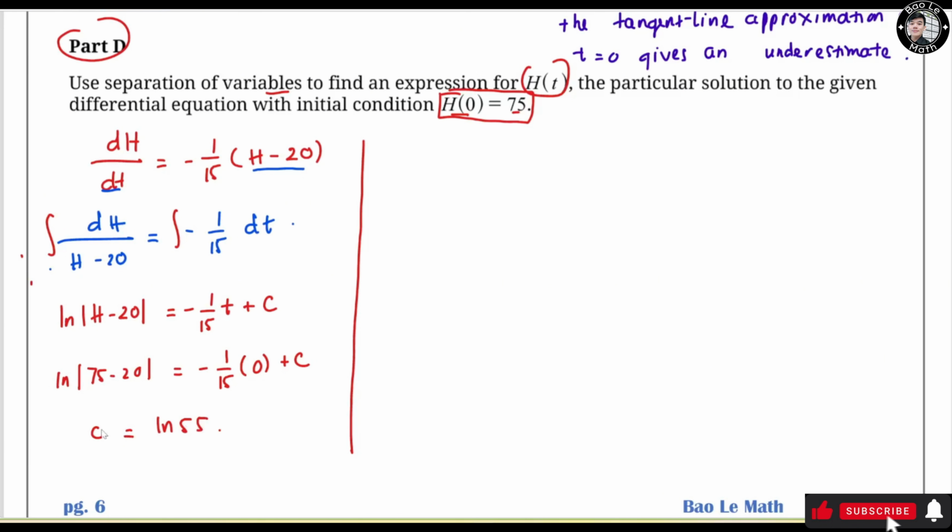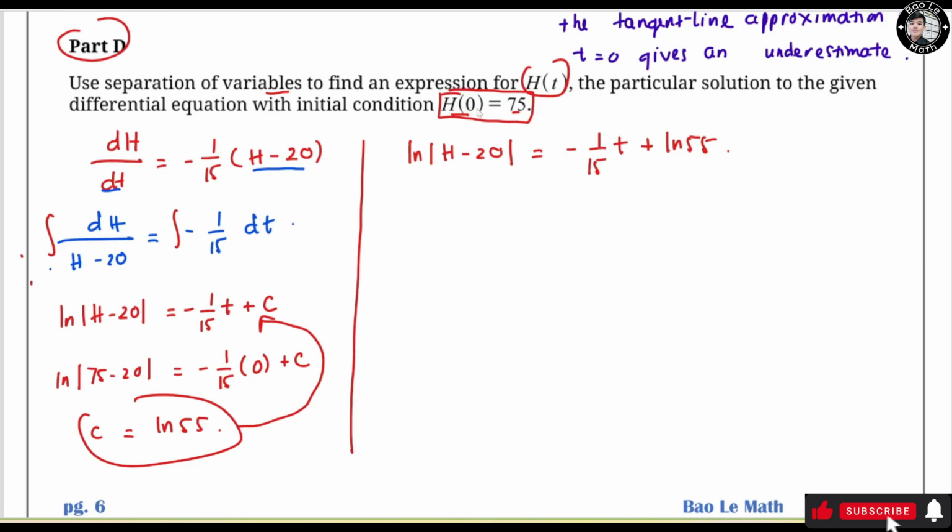So we're going to substitute this back over here. Since the initial condition is positive, we can eliminate the absolute value right here, right? Now we just exponentiate both sides, so it's going to be h minus 20 equals e raised to the negative 1 over 15 t plus ln 55, right? And this is actually e raised to the negative 1 over 15 t times e raised to the ln 55, right?